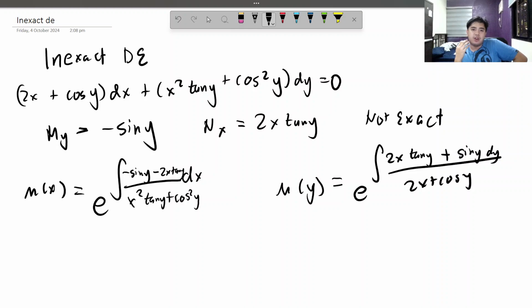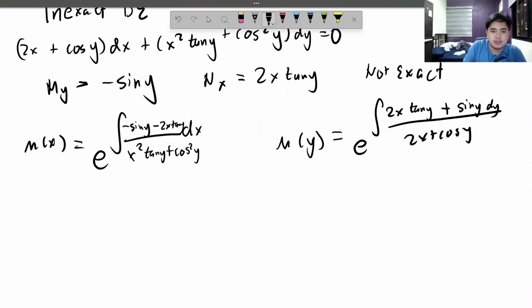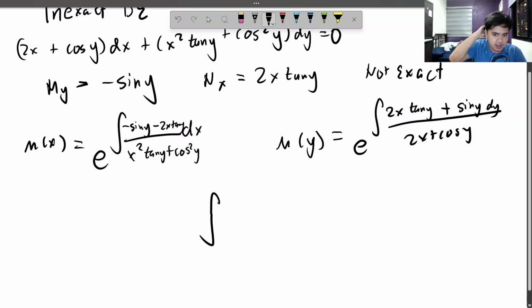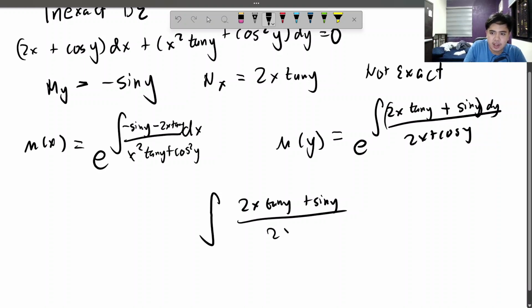Can we get rid of it by dividing both the numerator and the denominator by tangent y? Let's try it out. So integral, let's just ignore the e for now. So 2x tangent y plus sine y over, oh, forgot that parentheses, 2x plus cosine y dy.